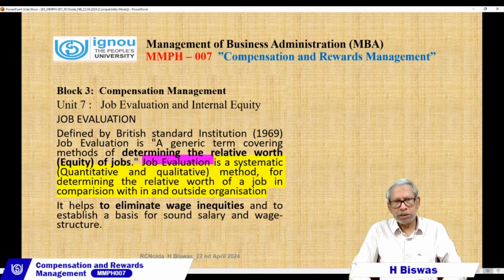Now see the definition. We are concerned about the definitions. The British Standards Institution in 1969 defined job evaluation as a generic term covering the methods of determining the relative worth of jobs.